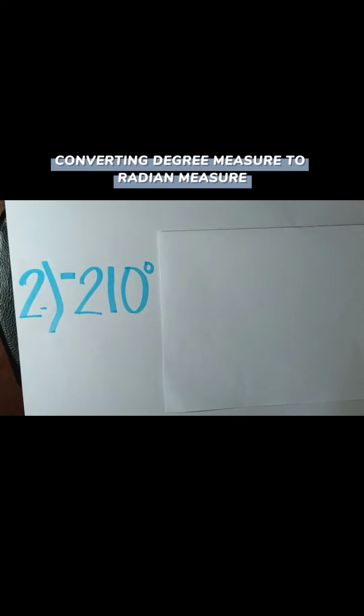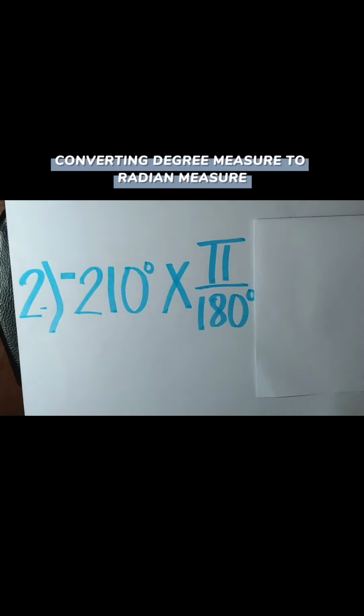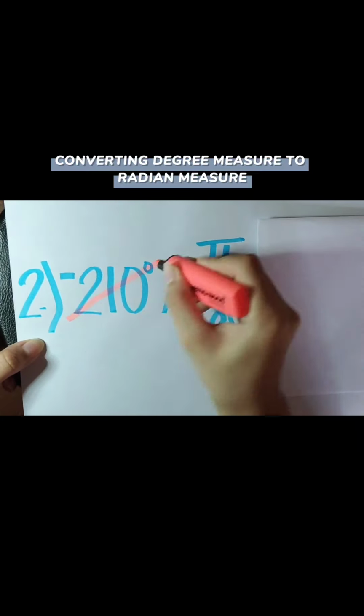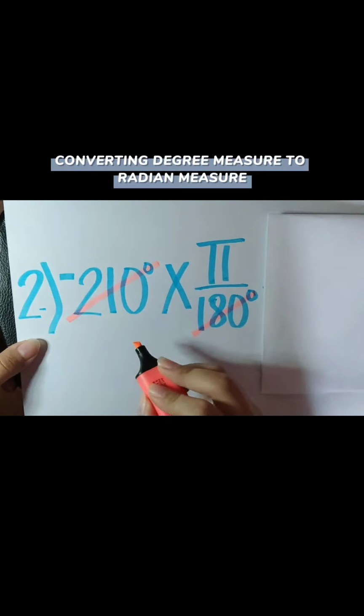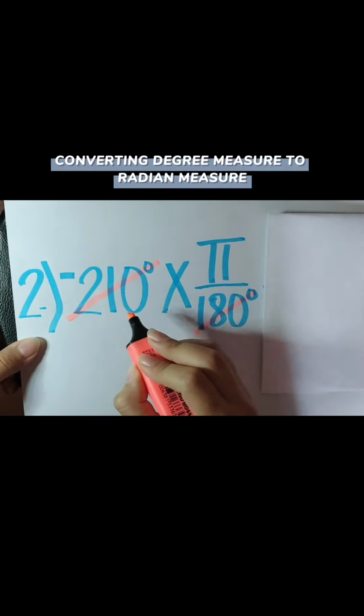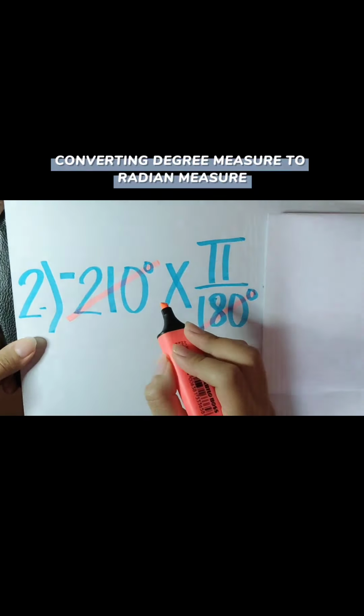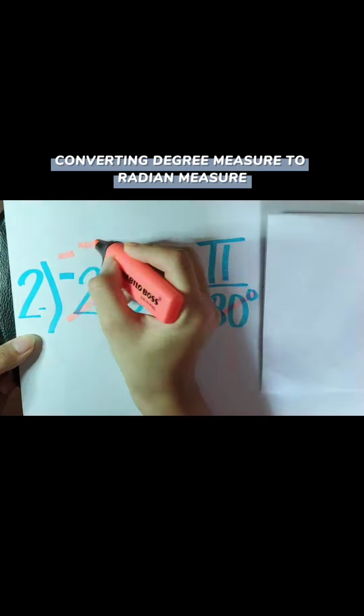For our next example, we have negative 210 degrees. Since we're still going to convert degrees to radians, we're going to multiply it by pi over 180 degrees. So we're going to simplify this. Cancel, cancel. We have a common factor which is 30. Negative 210 degrees divided by 30 is equal to negative 7.